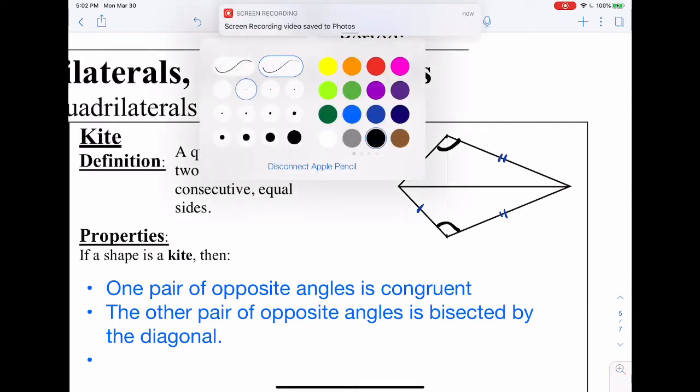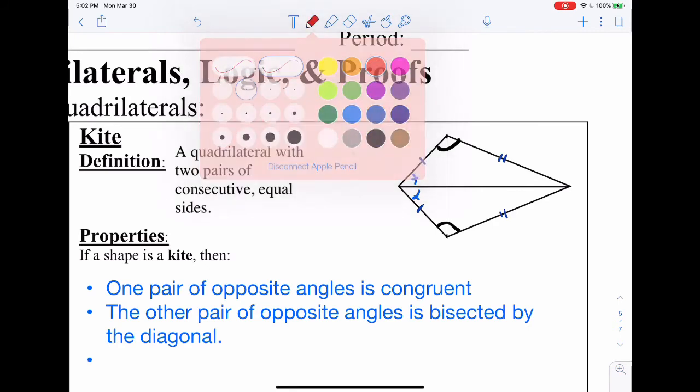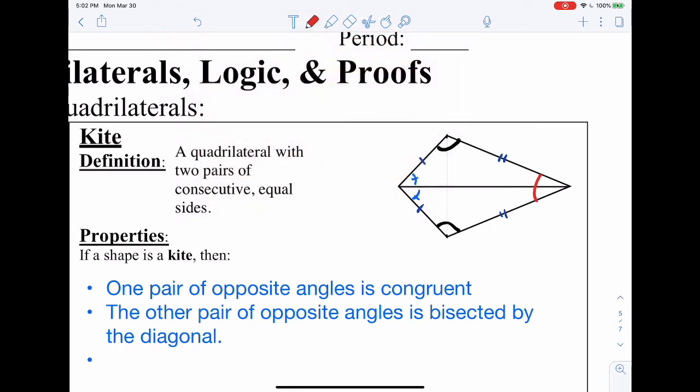And so if you remember, these angles are congruent, meaning that one big angle here was cut in half to create those two. And over on the other side, this one big angle was cut in half to create two congruent angles.